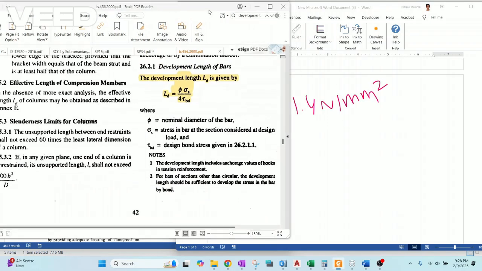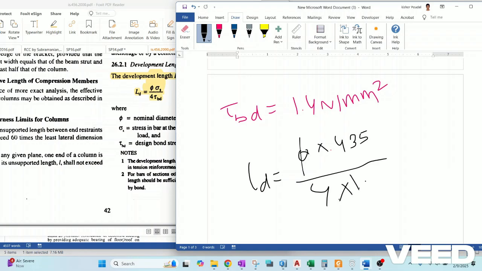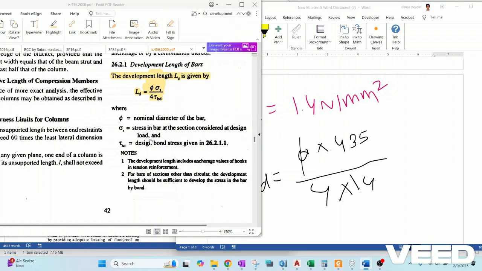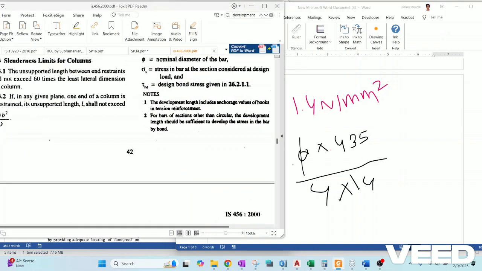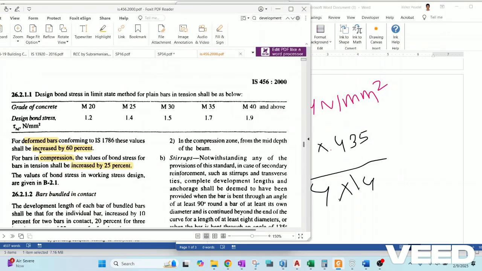Let's put all the values into the main equation. LD equals phi over 4, and let's just take phi as 5. We can change the value of phi later. We have calculated sigma s as 435, and tau BD is 1.4. Also, there is some modification depending upon the characteristics of the bar and whether the member is in compression.